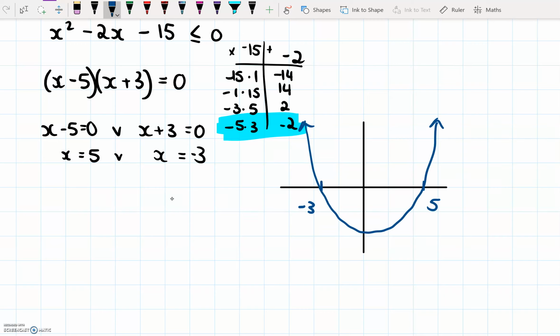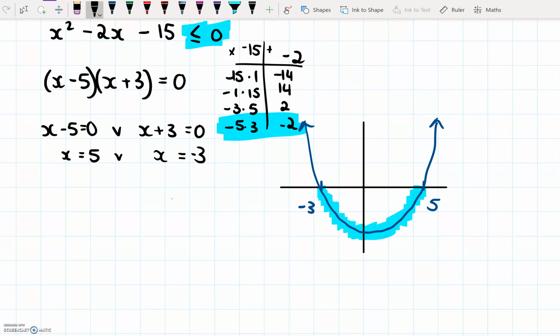We wanted to know where the parabola is less than or equal to 0, and that means it's going to be below the x-axis. So where is this parabola below the x-axis? It's below the x-axis all the way around here. This gives us what we have.